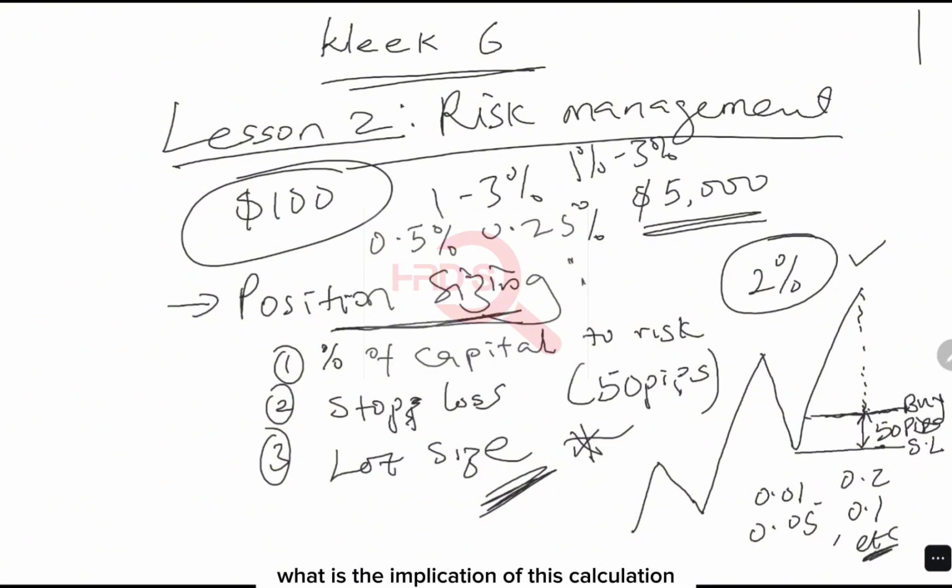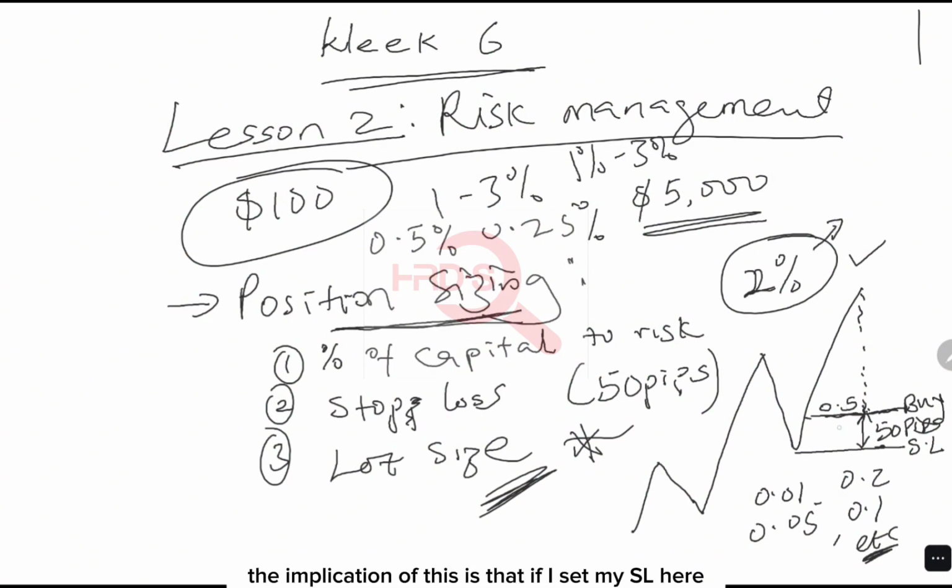What is the implication of this calculation? Let's assume that I had calculated and I discovered that 0.5 is what I need to use. What is the 2% of my 5,000 capital? 2% of 5,000 is $100.